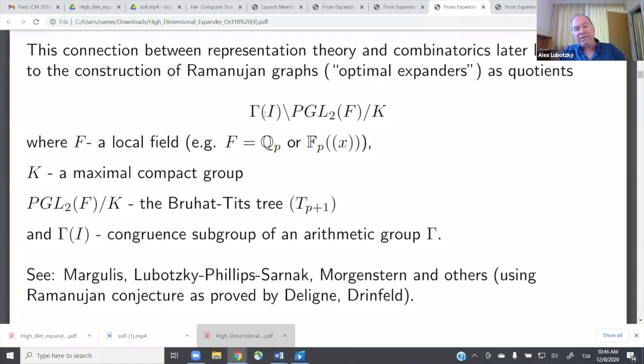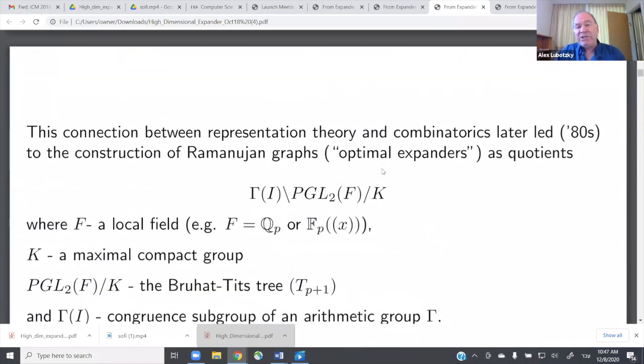On the other hand, it's co-compact, which means that the quotient is compact. So this is compact and discrete and therefore finite. And this way, in this fancy way, we get some finite graphs, and these finite graphs are Ramanujan graphs.